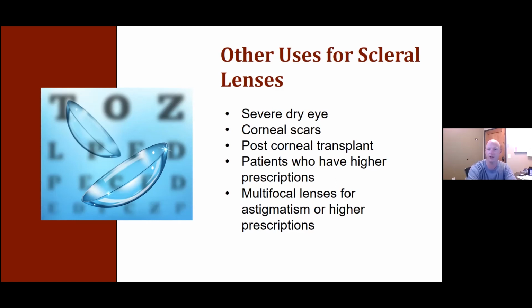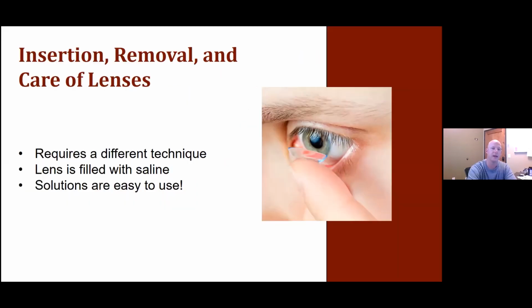These are multiple applications for these lenses. They're a little bit different to put in than a soft contact lens. They require a different technique, which obviously we teach all of our patients how to do safely and efficiently.